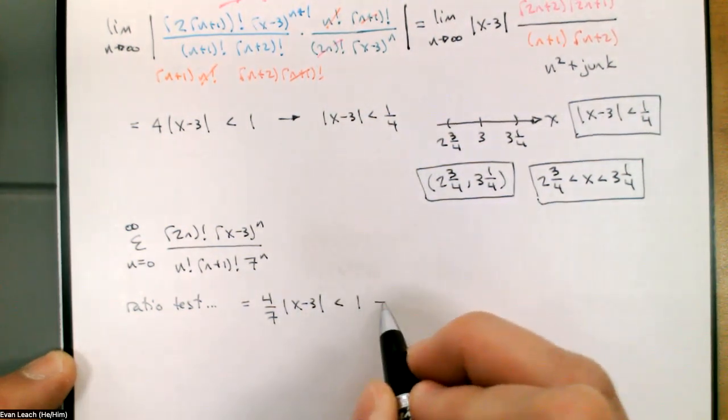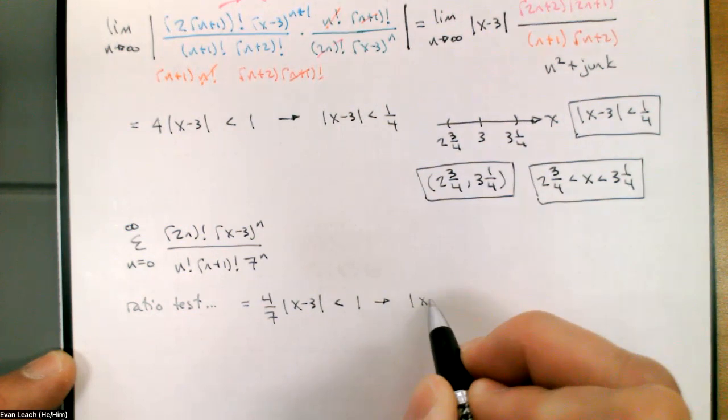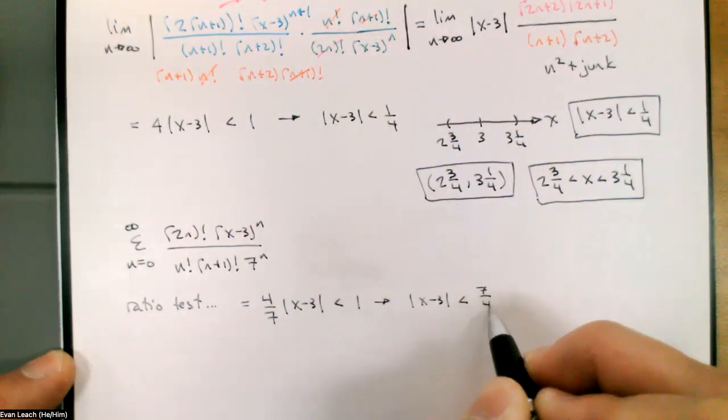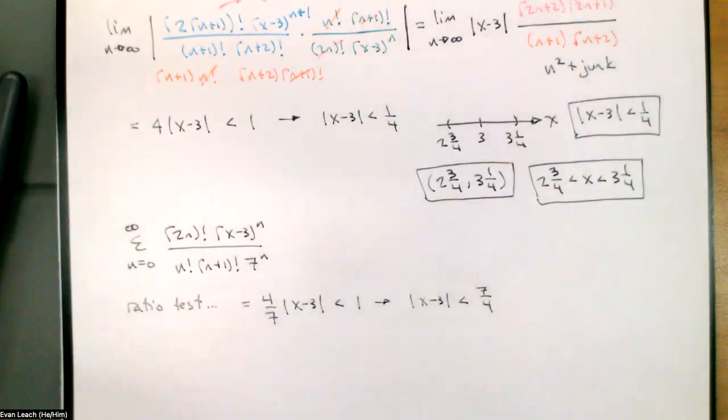Making that less than 1 is going to tell us the absolute value of x minus 3 should be less than 7/4. So this will be everything within 7/4 of 3.